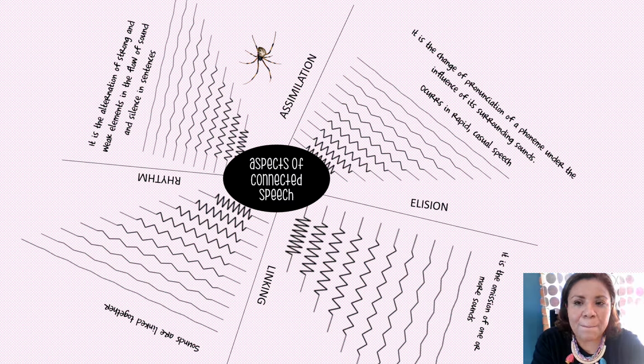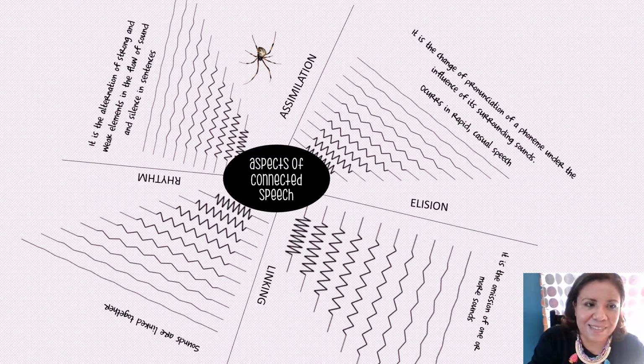Listen, a big girl. Did you notice the difference? Rhythm is the fourth aspect, and this is the alternation of strong and weak elements in the flow of sound and silence. If we notice, we don't talk flat. We need to make the sounds and the silence flow.